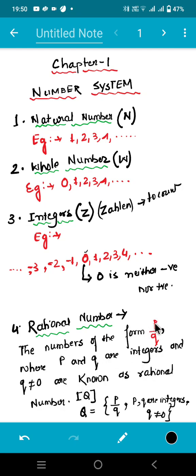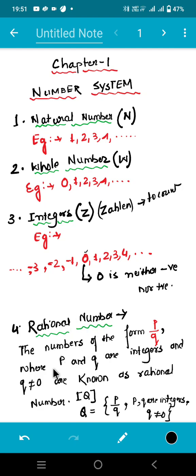Now many of the students will ask me, sir, p by q is just looking like a fraction. Absolutely right. It is looking like a fraction. But why are we calling this fraction a rational number? So what is the difference between a rational number and a fraction? Now students, if you go back and recollect your memory, you will never see that a fraction was supposed to be in the negative form, isn't it? Fraction is always positive. Any fraction is always positive.